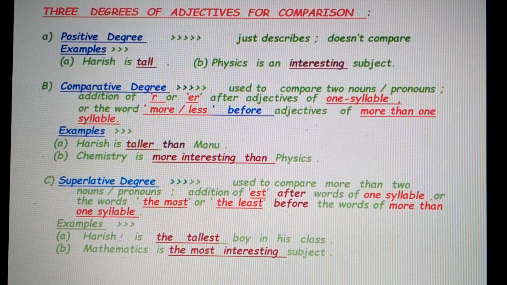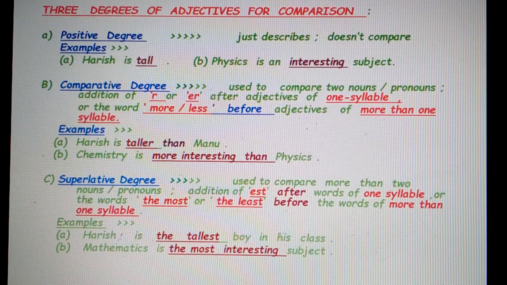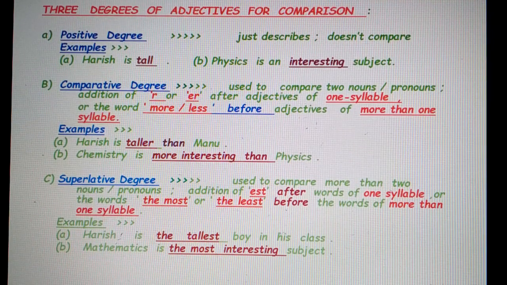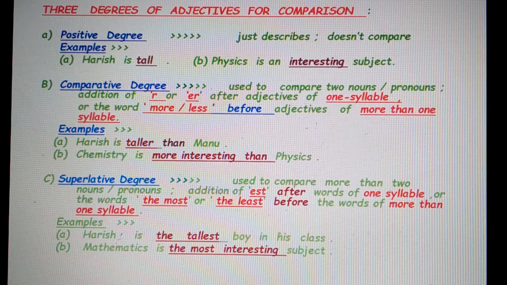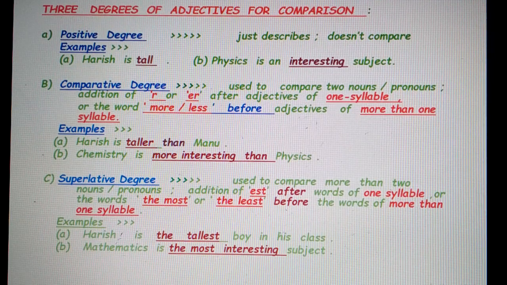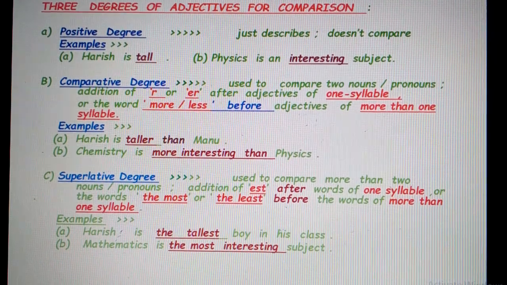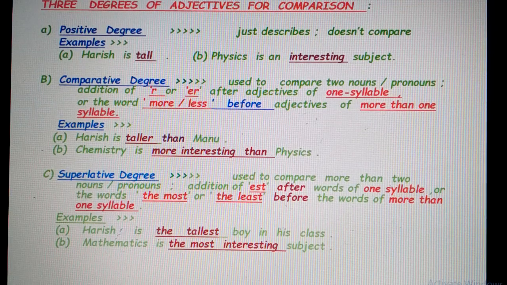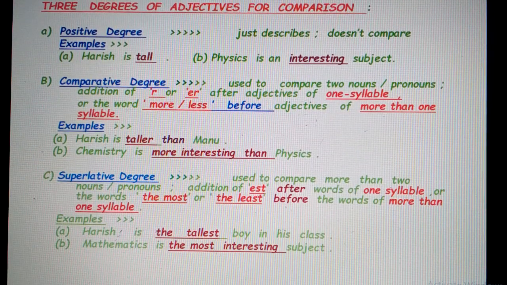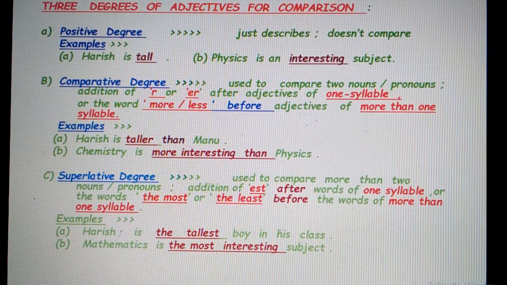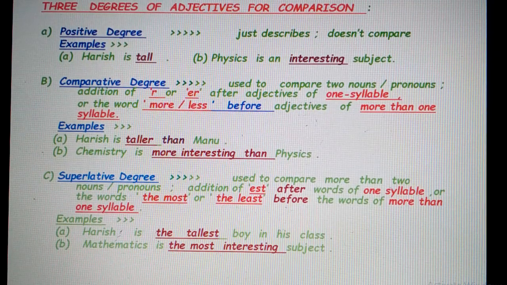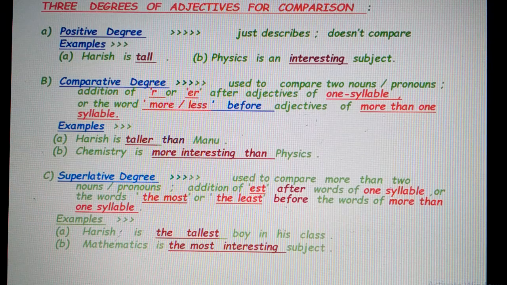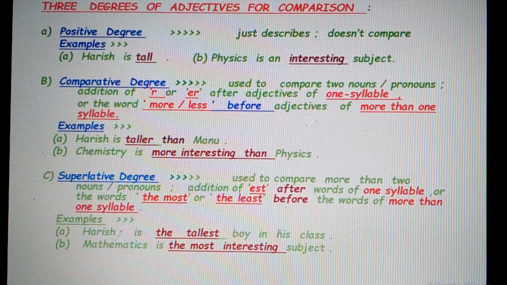Comparative degree. Let's see what this is. Comparative degree of adjectives is used to compare two nouns or pronouns in the sentence. So, any two people or animals or things or qualities or any two pronouns can be compared, and this sort of degree of comparison is called comparative degree. Let's see how the degree changes.